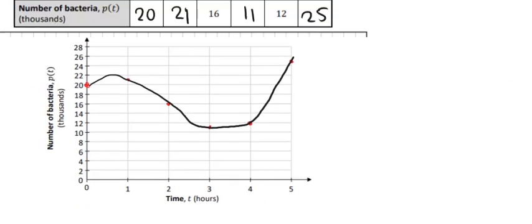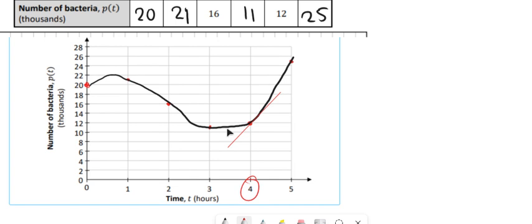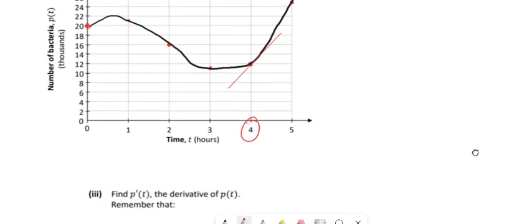So at the point 4, the tangent at 4 is 6. It doesn't look like 6 there, could be something to do with the way I drew it. So yeah, our tangent goes up like that at 4.